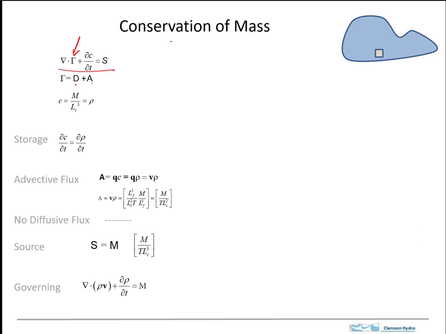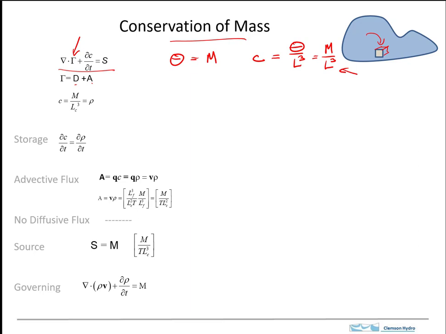Now, for conservation of mass, we're going to start with this cap theta term, which would be mass, and that is part of the procedure that we've been using previously in the class, and then we'll use that to define lowercase c, and that's going to be cap theta per volume, and so in this case that will be mass per volume, and this is going to be the total volume within a little infinitesimal block in the control volume.